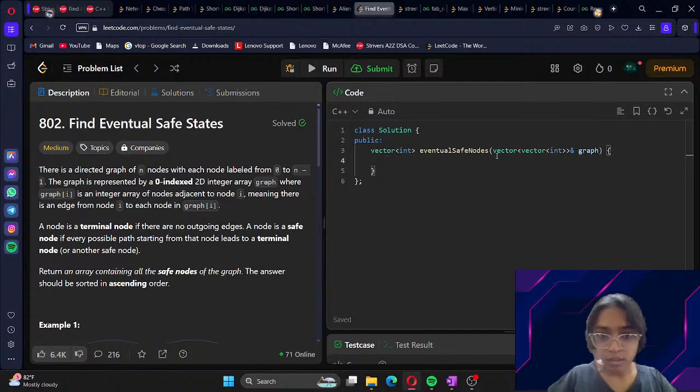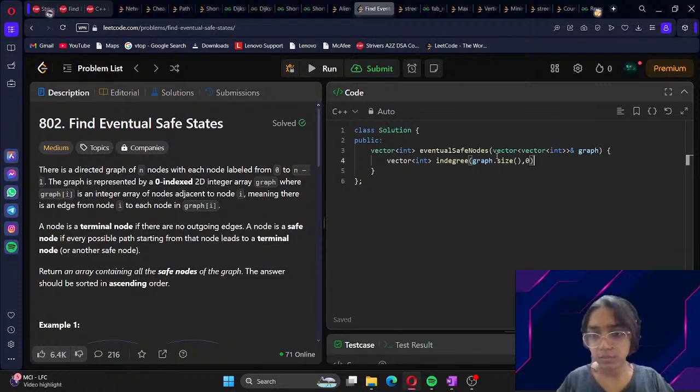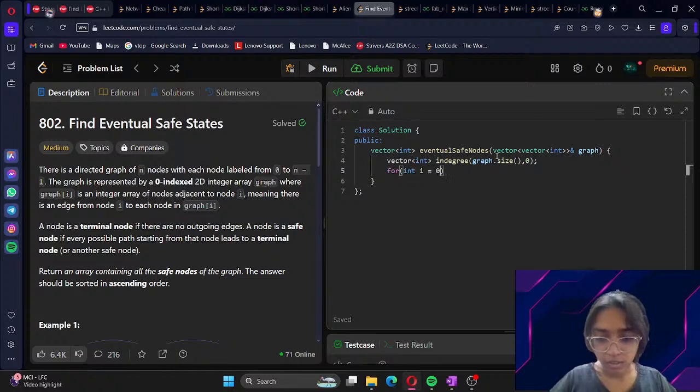Okay. So let us create in degree matrix of size n, having n nodes, I would say, and let us initialize them to 0. And now for int i is equal to 0, i is less than graph dot size, i plus plus.